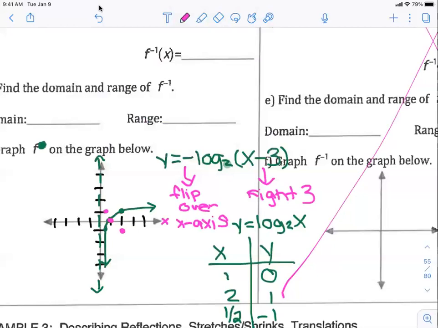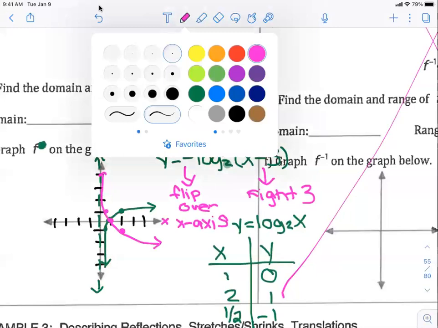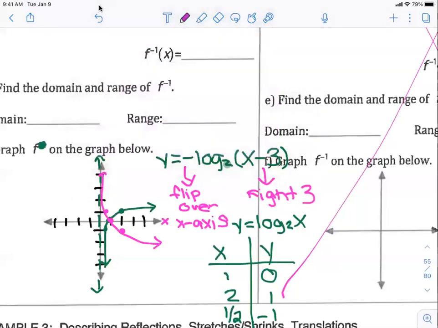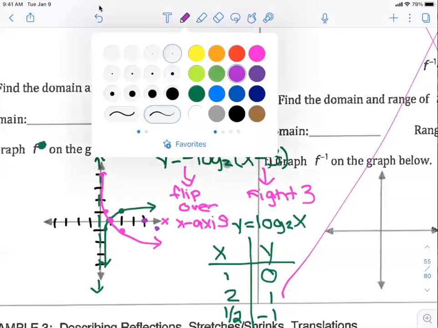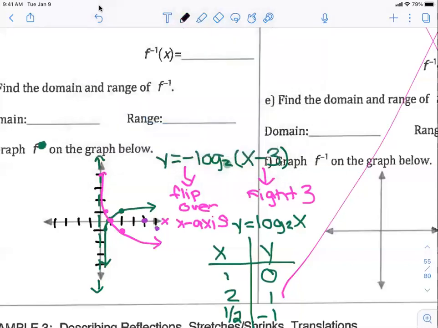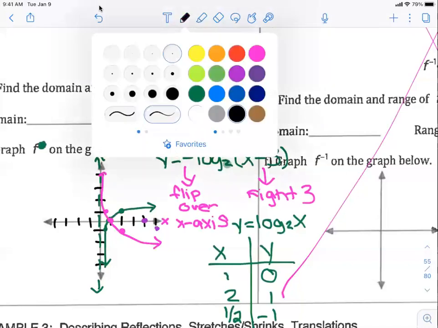The asymptote, when you flip it over the x-axis, doesn't do anything. The next thing is we're going to move every point right 3. 1, 2, 3; 1, 2, 3. So that's actually at 5. I don't plot that many points.